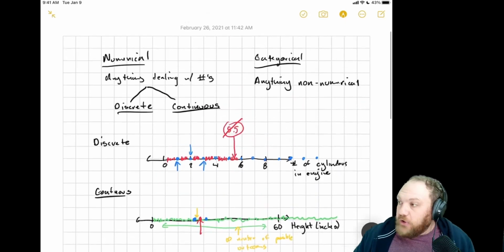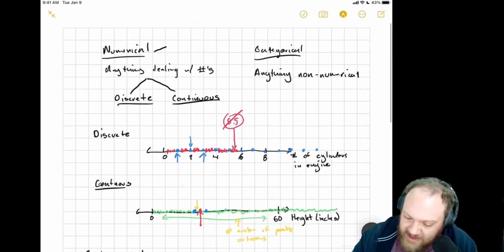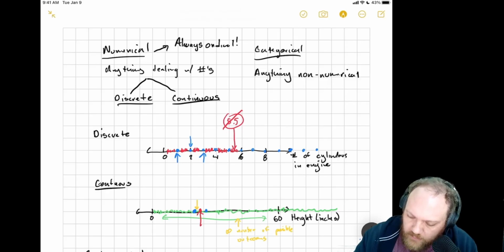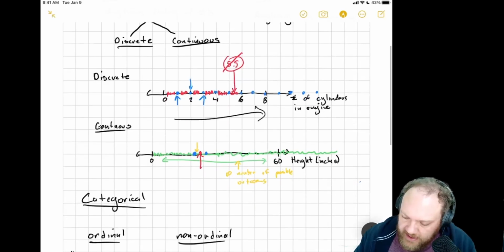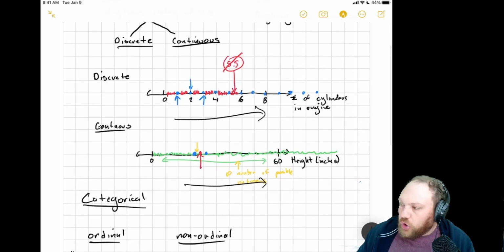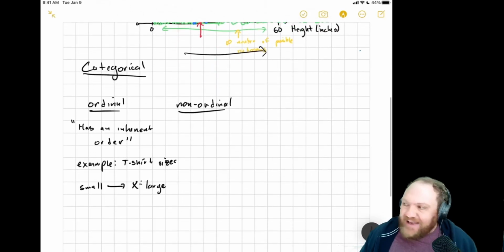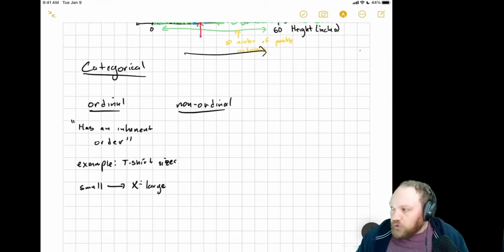If I think about numerical data, we can say that this is always ordinal, right? We know that our number line is in its nature ordinal, right? So we can say all numerical data is ordinal, but that's not necessarily the case for categorical data, right?